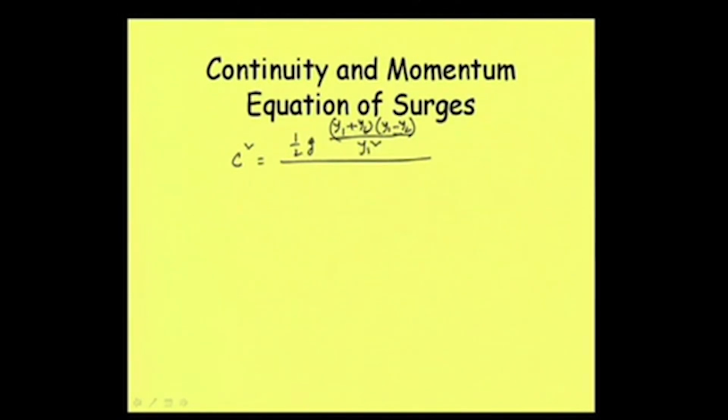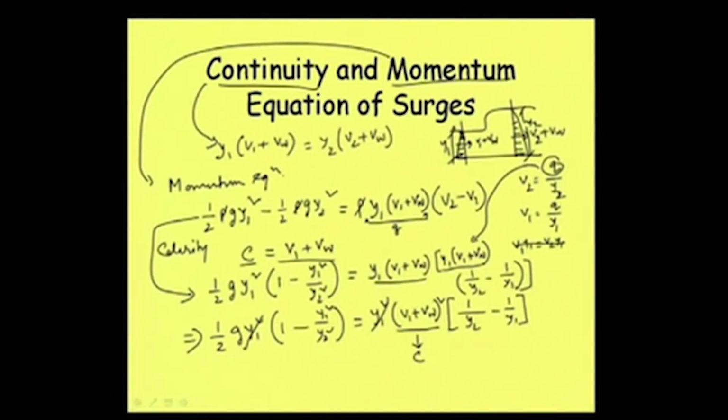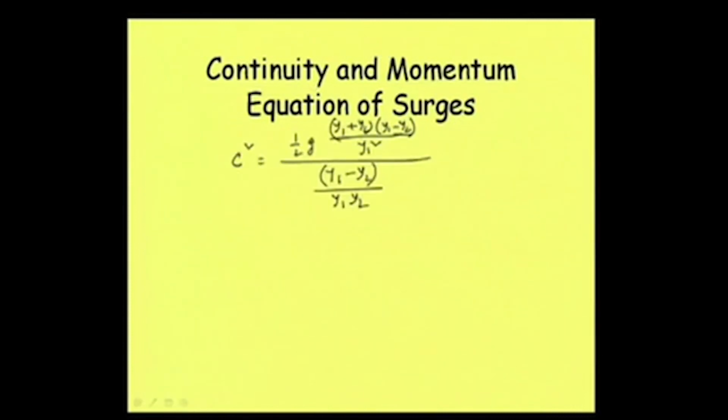And the denominator part we can write as y1 minus y2 divided by y1 y2, and the bracket y1 minus y2 over y1 y2 we write with y1 y2 and y1 plus y2.